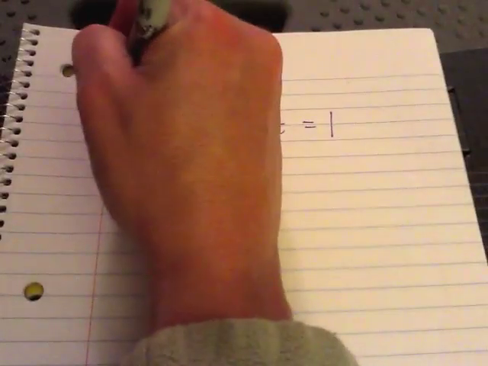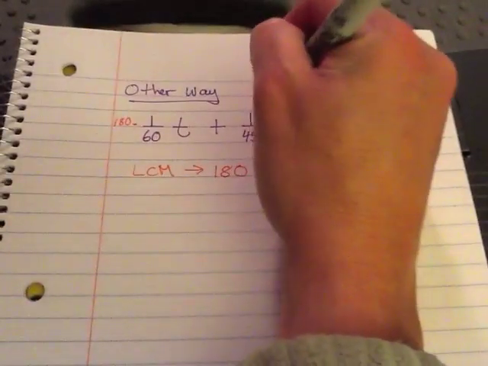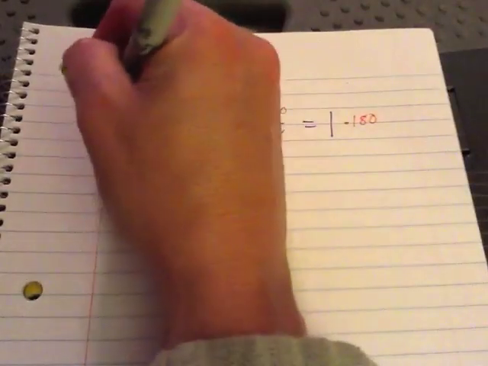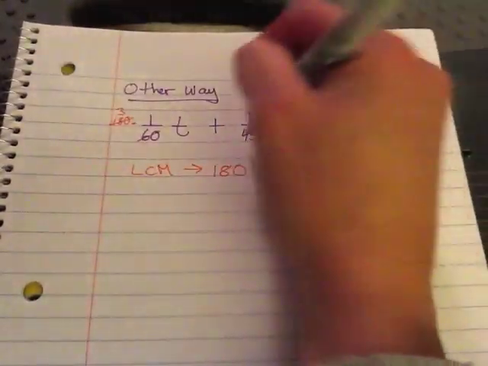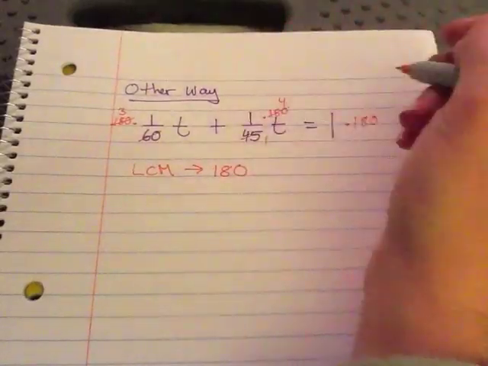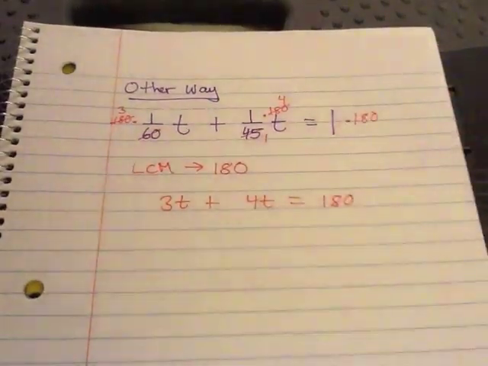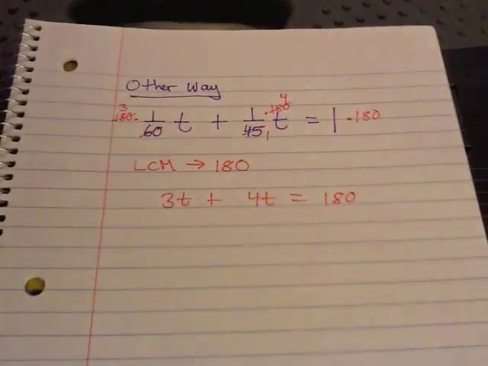But when you multiply by 180, 60 cancels, 180 becomes a 3. 45 cancels, 180 becomes a 4. And if you notice, you still have 3t plus 4t equals 180. And you would still solve the same exact way from there.